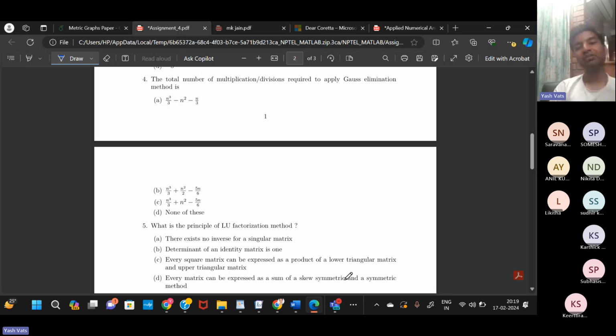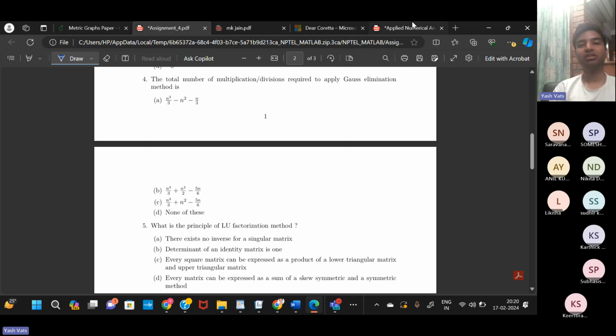It's saying the maximum number of multiplications and divisions, not the exact number. In the exact case, here n is 4, right? n is 4.